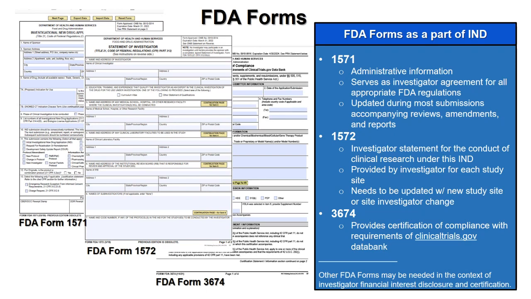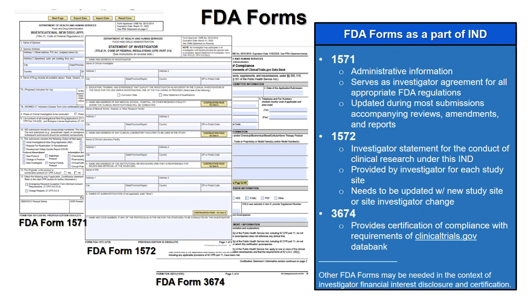Form 1572 provides investigator statement for the conduct of clinical research specific to the site. So if there are multiple sites, multiple 1572s with the site investigators need to be submitted.